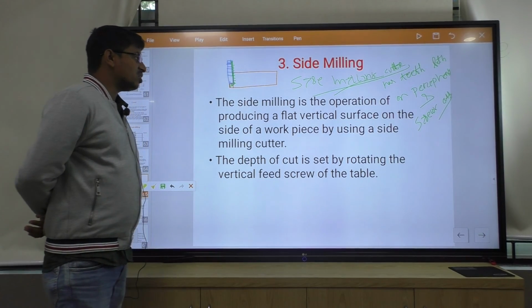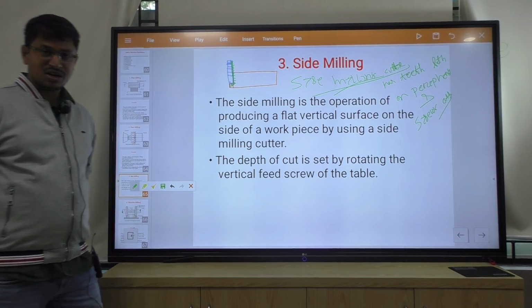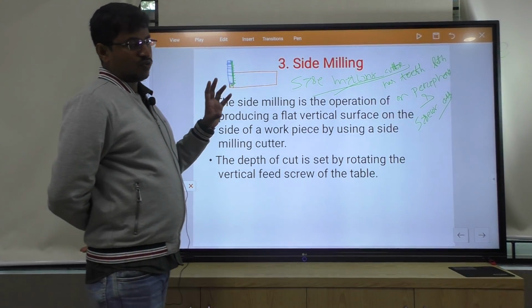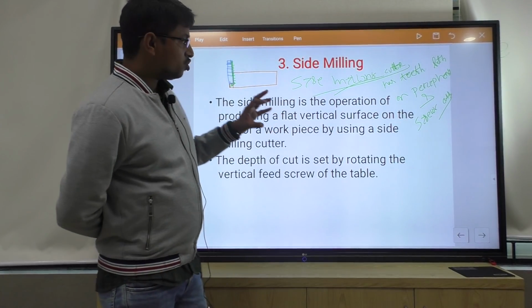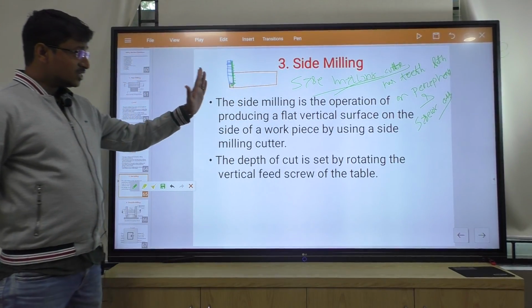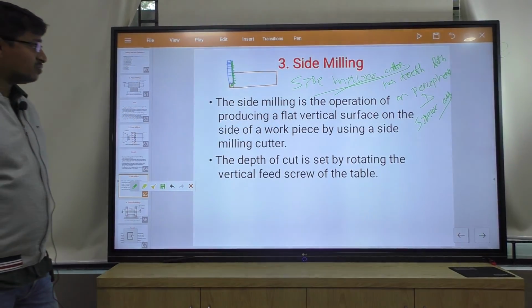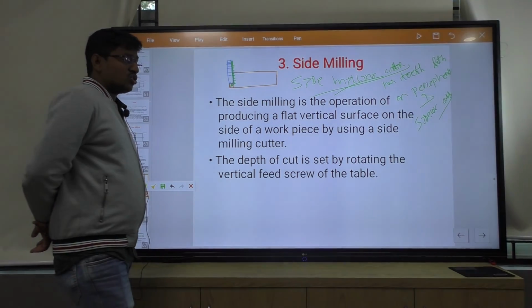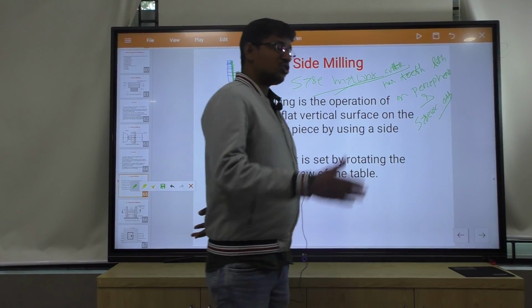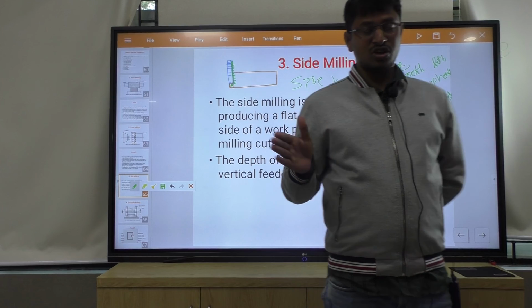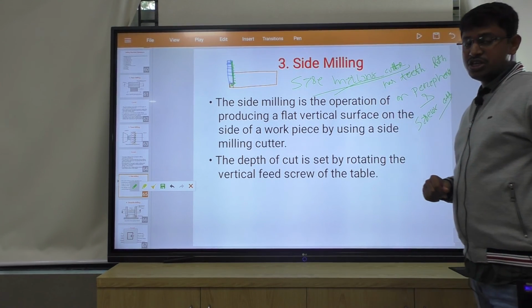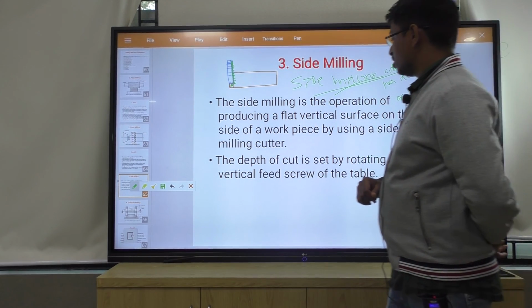What do you mean by side milling cutter? A side milling cutter contains teeth both on the periphery and also on the side of the cutter. If we use a side milling cutter to produce a flat vertical surface on a workpiece, this is called side milling.